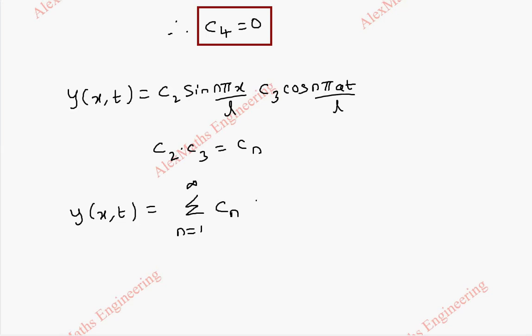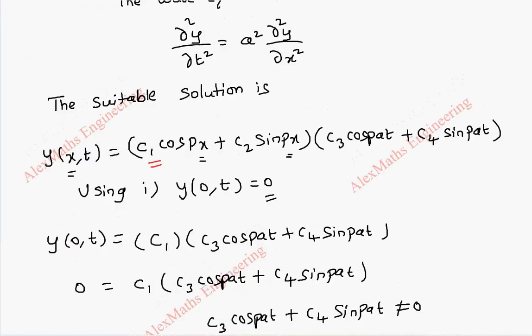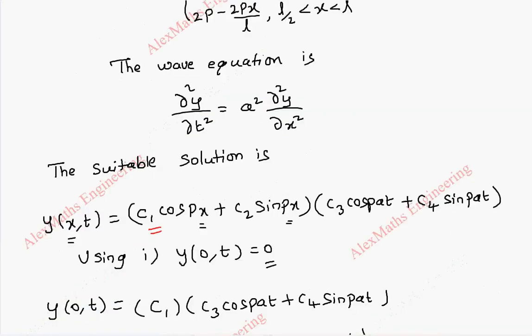sine n pi x by L into cos n pi at by L. Now in this we are going to apply the last condition, that is y of x comma 0.